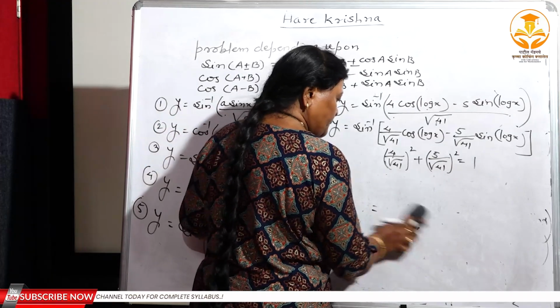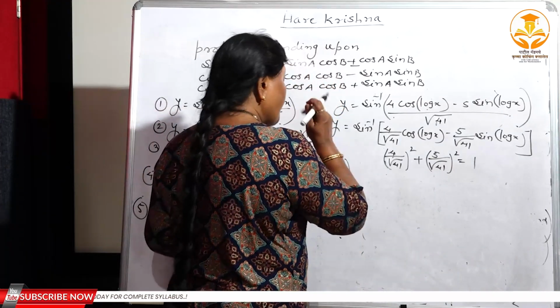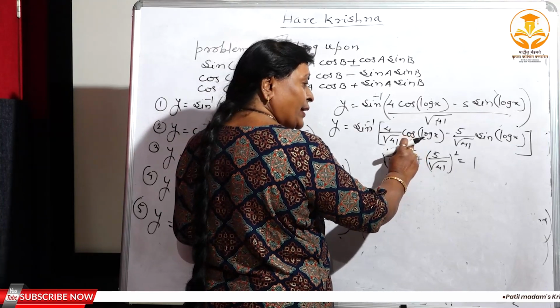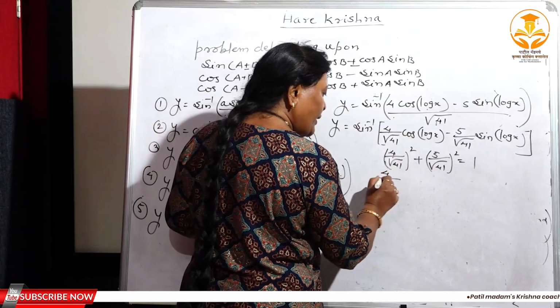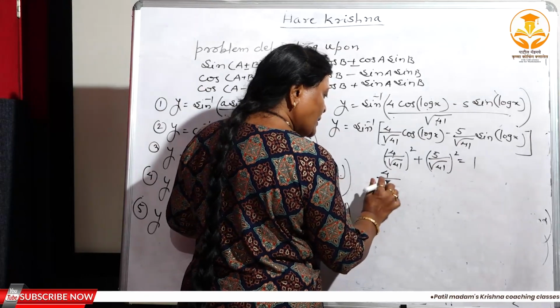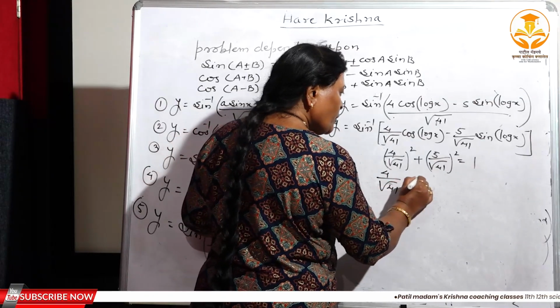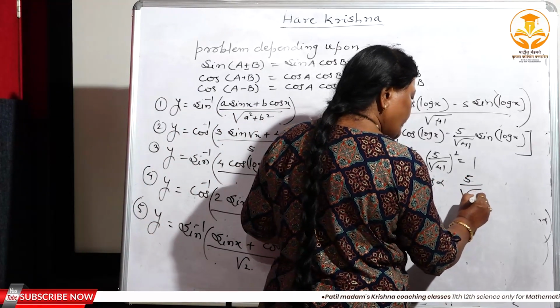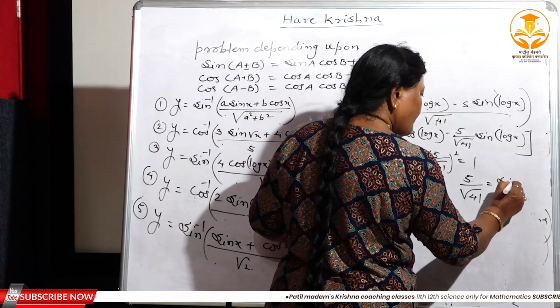Therefore here again, to get this formula, since there is a function of log x, it is easy to take here 4 divided by root 41, that is equal to what here? Cos alpha, right? And 5 divided by root 41, you can write as sin alpha.